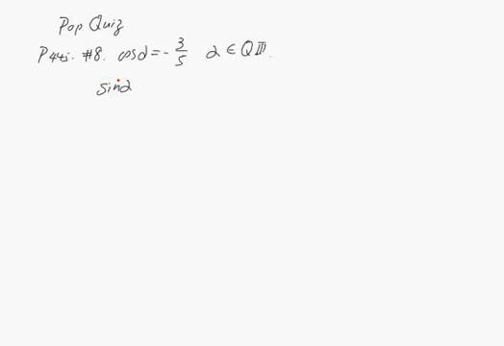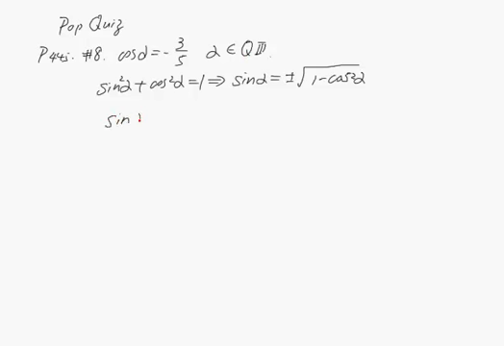We have the fundamental identity, which is sine squared alpha plus cosine squared alpha equals 1. And from here we have sine alpha equal to plus or minus the square root of 1 minus cosine squared alpha. And in quadrant 3, sine alpha is negative, so we take the negative sign.